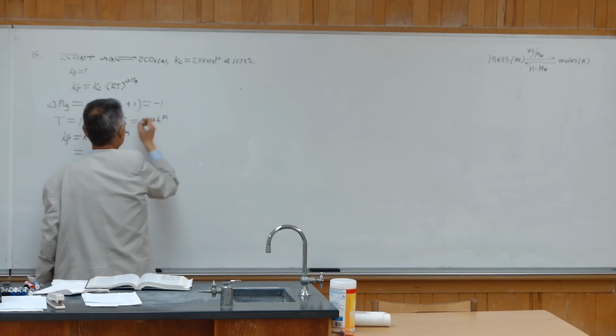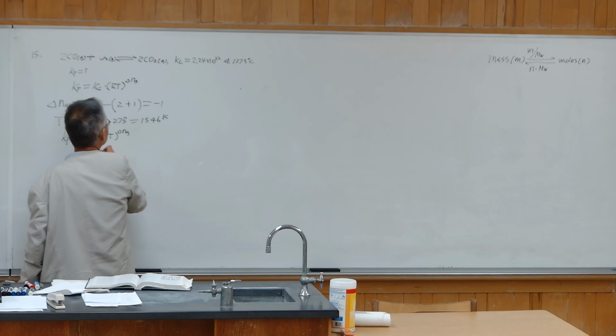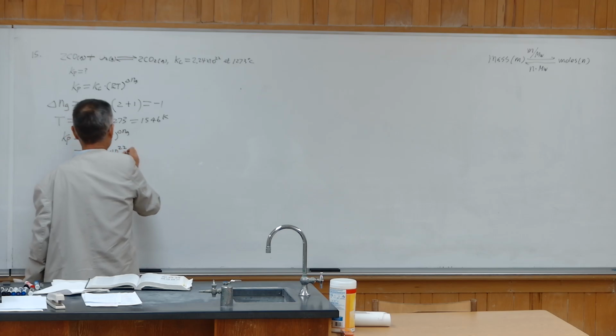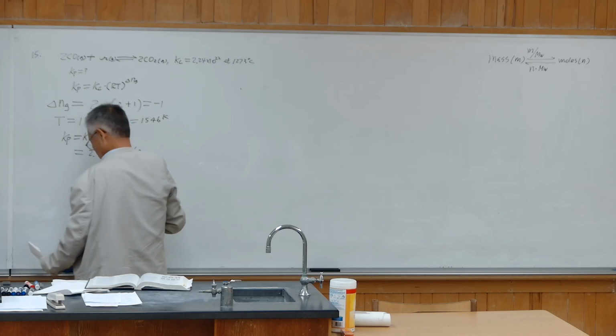Kc tells us 2.24 times 10 to the 22nd power. R is a gas constant.